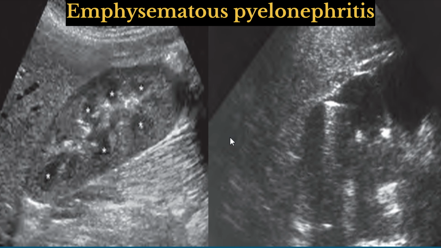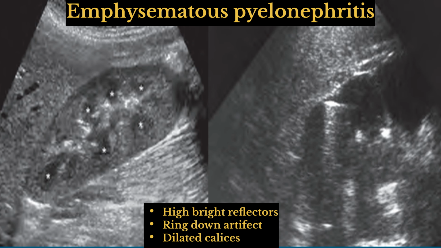Now we are going to discuss another renal infection, that is emphysematous pyelonephritis. It is a serious renal infection that typically occurs in diabetic women, and it results from the formation of gas in the renal parenchyma, stemming from high tissue glucose concentrations, vascular disease, and necrotizing infections with gas-forming organisms such as E. coli.